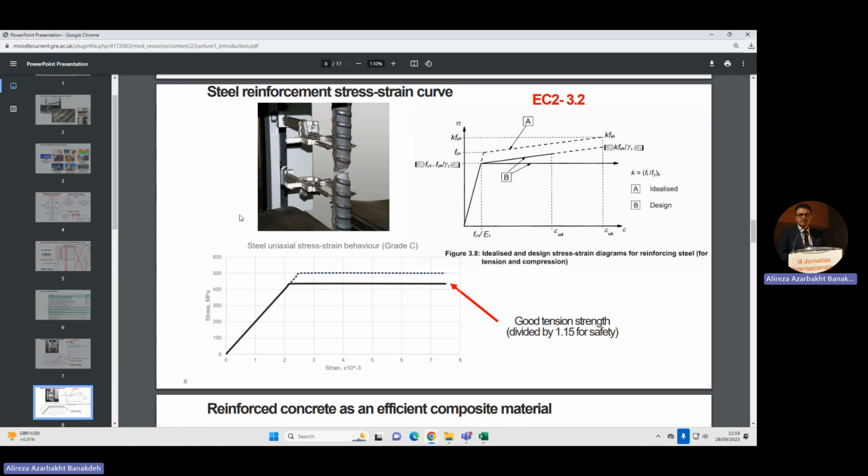I used the most common type of steel, which has 500 megapascal strength in tension, and this is for the normal 500, and the second one is when you divide it by 1.15, if you remember, as a safety factor. For the steel, we divide by 1.15.